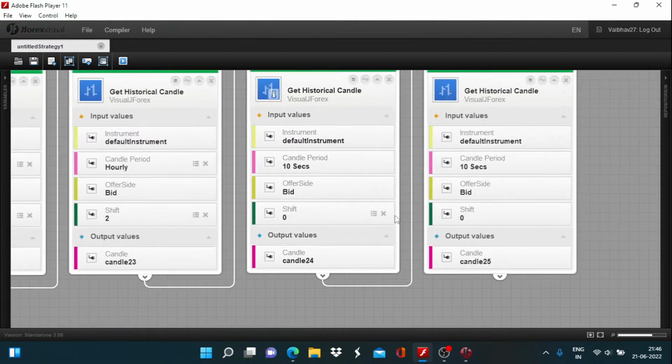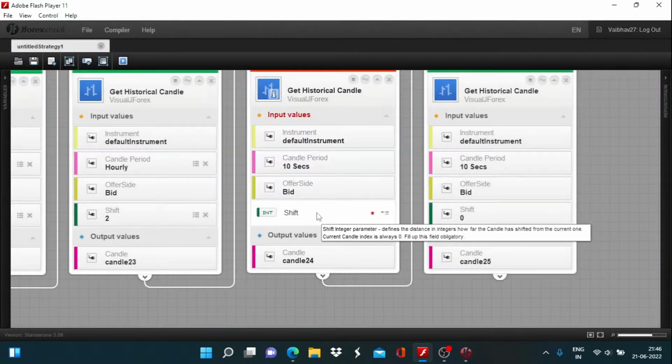Here this will be of 10 seconds and the look back period will be 1 and 2 respectively.